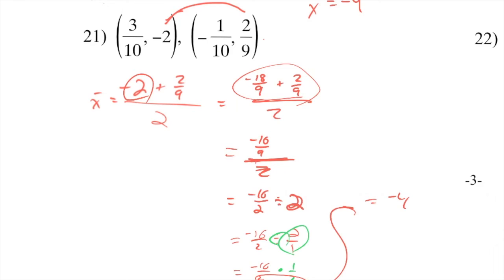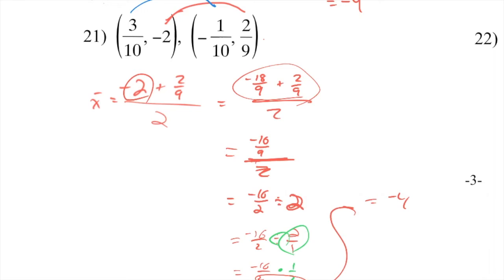We can do the same thing with the y value. Sorry, that's the y value. This is the y average. The x average is going to be 3 tenths plus negative 1 tenth all over 2.